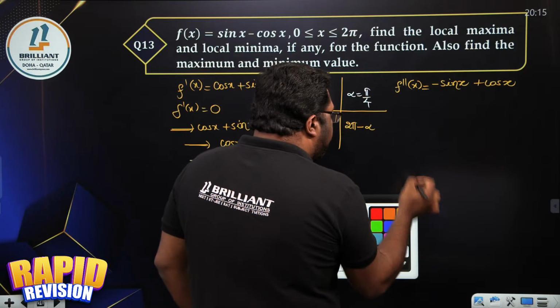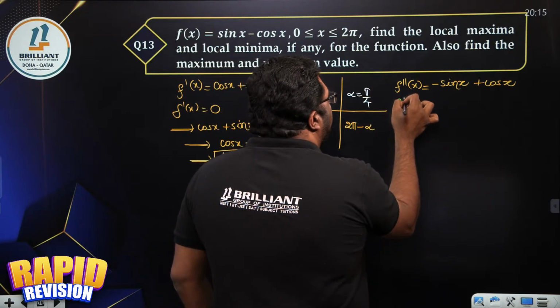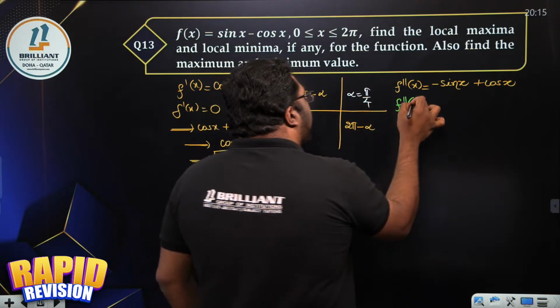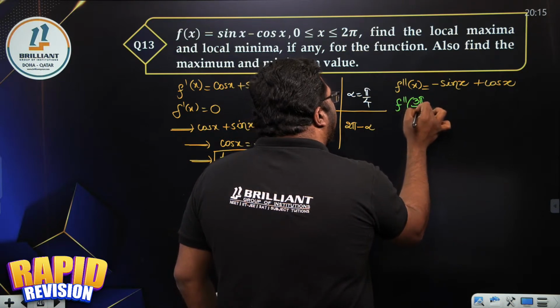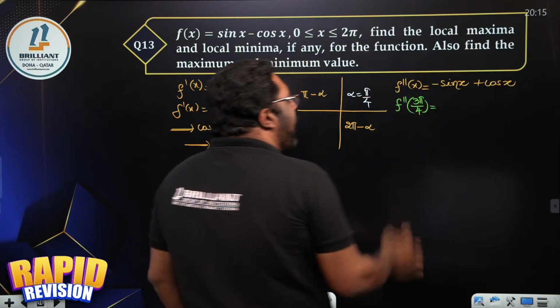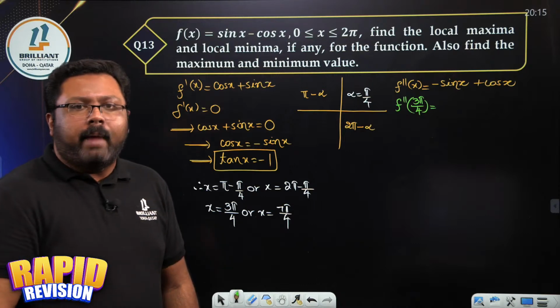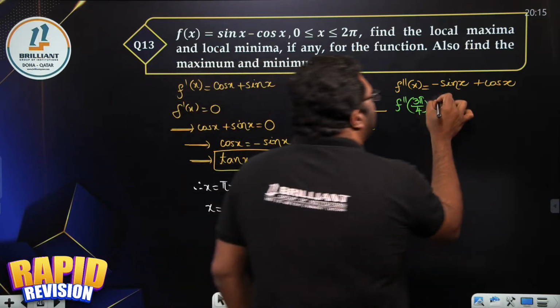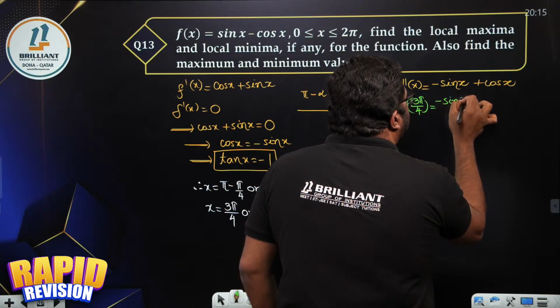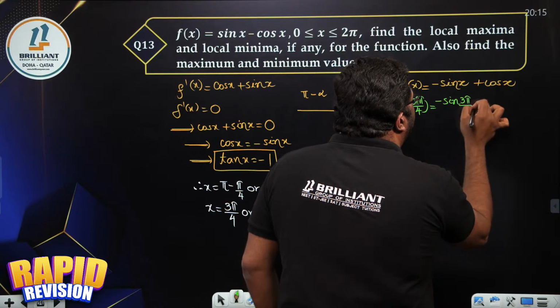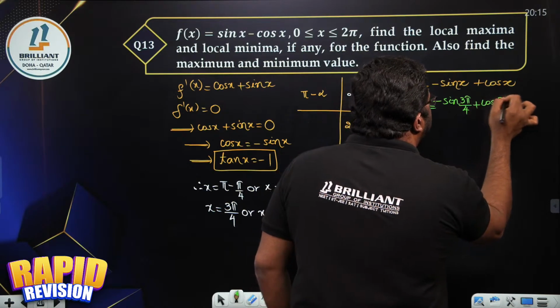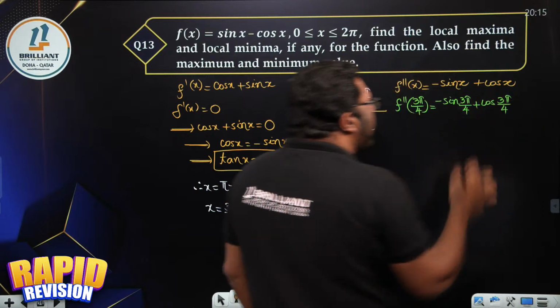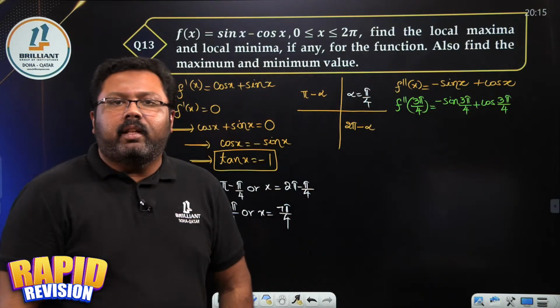And what is the condition for maxima, minima, all of you? If a critical point gives me a negative answer, then that critical point is a local maxima. Let's see. Minus sine 3 pi by 4 plus cos 3 pi by 4. Here there is no excuse, we have to find the value.